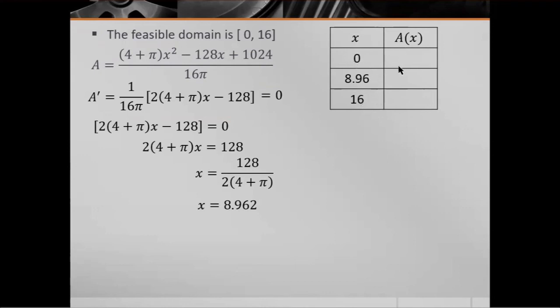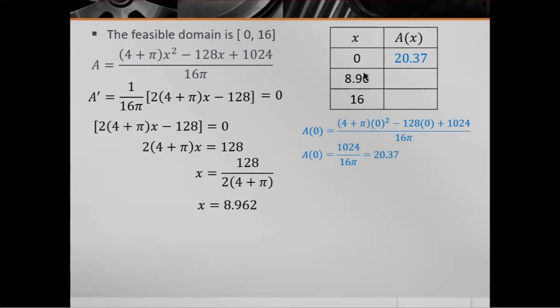So, kuhanin natin value ng A of x by substituting 0 or domain. So, let's start with 0. So, A of 0. So, substitute natin yung 0 square tsaka 0. So, mangyari na lang ay matitira na lang 1024 divided by 2π and it is approximately 20.37. So, 20.37 ang A of x ng 0.